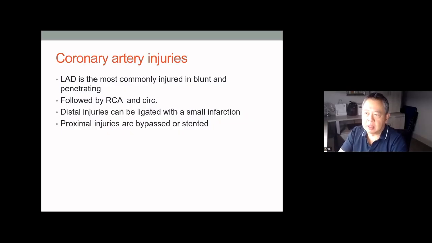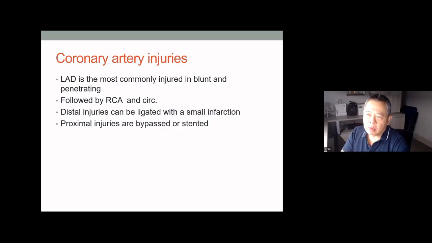It's basically because of its location. It's anterior, a little bit to the lateral part of the chest wall, so with all injuries of the coronary, that will be the most prominent vessel to be injured. This is then followed by the RCA, again no surprise, with its anatomical location, how it exits the aortic root. And then last but not least, the circumflex, which is a very rare vessel to injure because of its location.